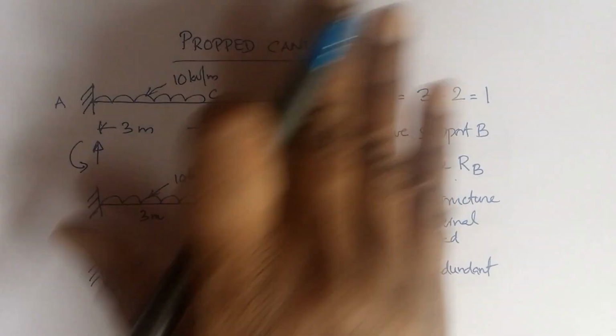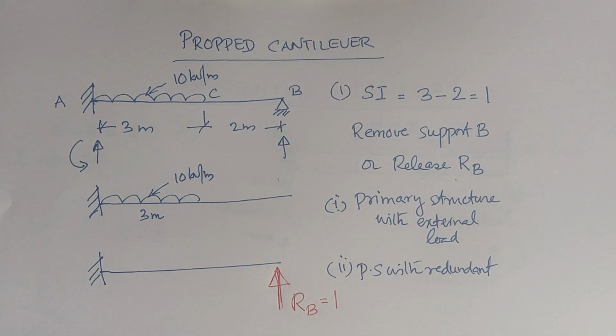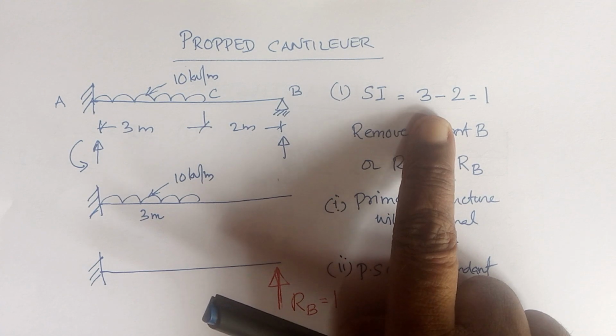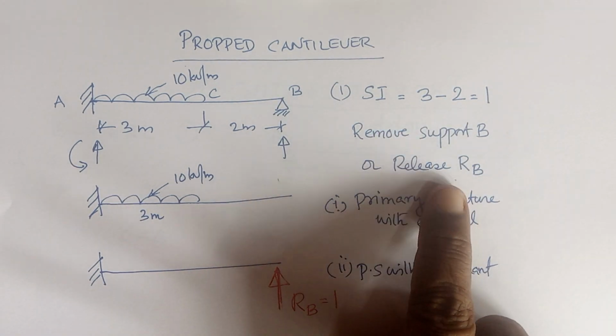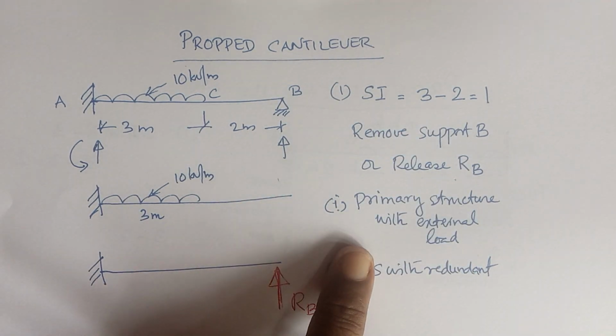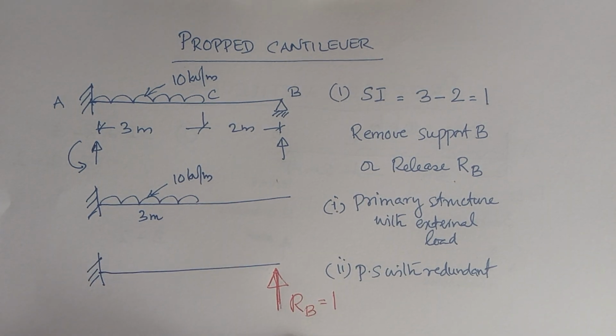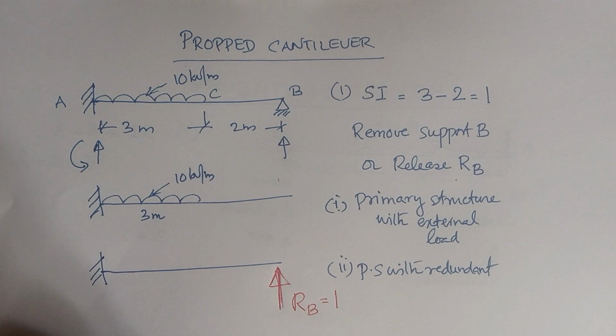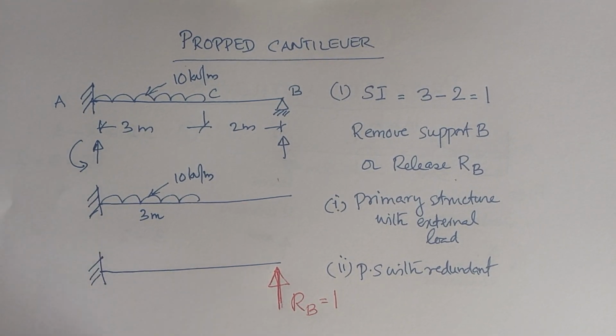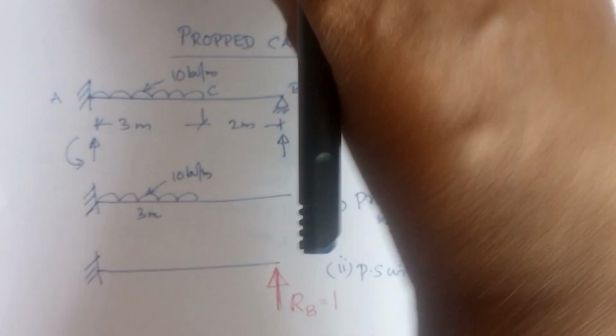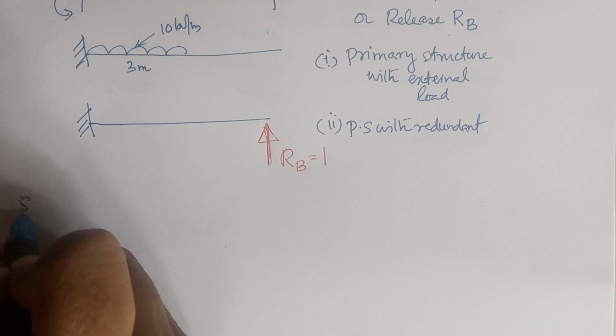So this much involves the first step. Identify the static indeterminacy, release the redundants, mark the primary structure with external load, mark the primary structure with redundant forces. Then step 2.